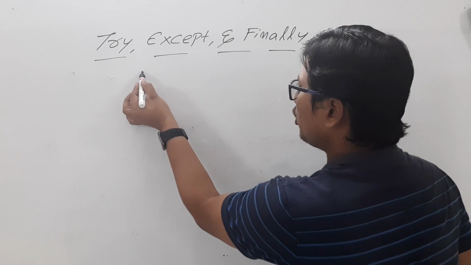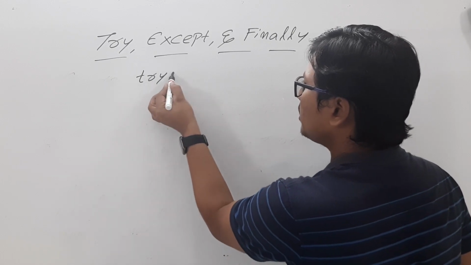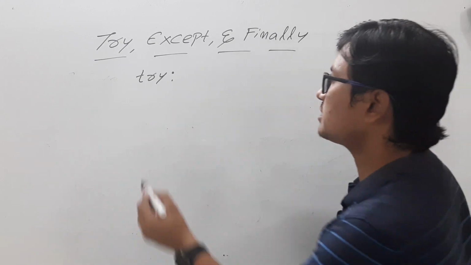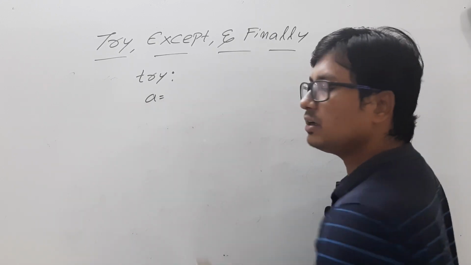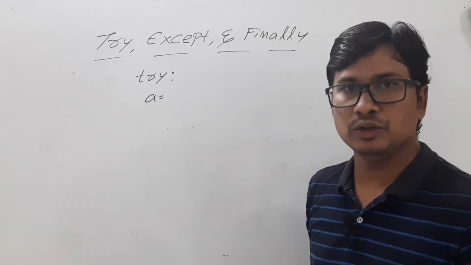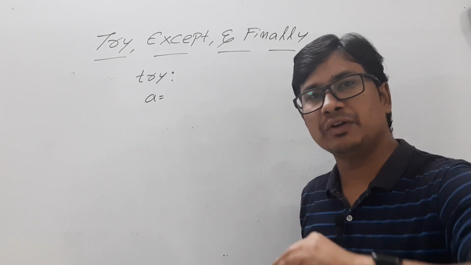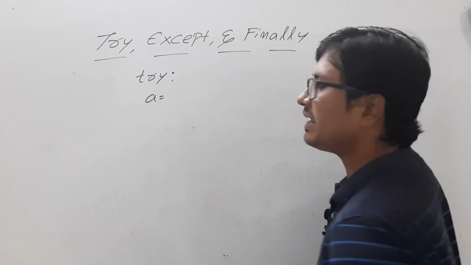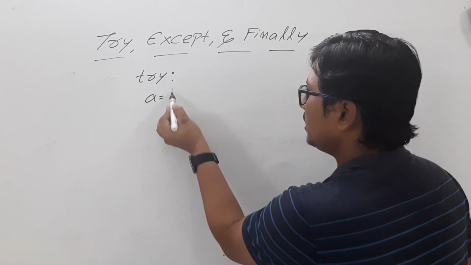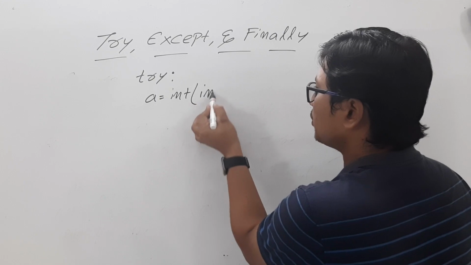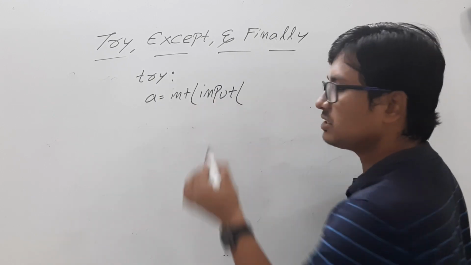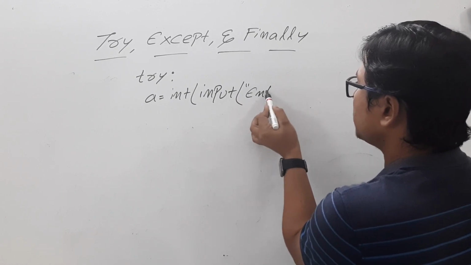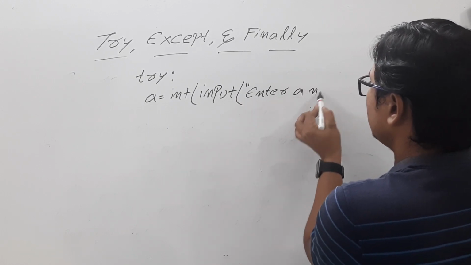In the try block, whatever code you want to write, you will write in the try block. Suppose I want to read two values from the user, perform the division, and print the result. So I will write A is equal to int of input. I will use input, which is an inbuilt function, to read the input from the user. Enter a number.